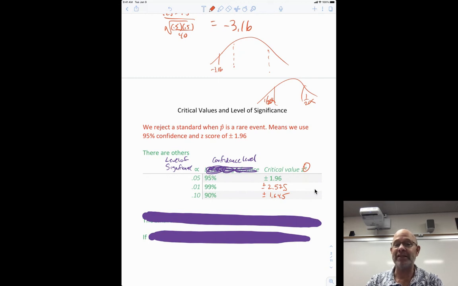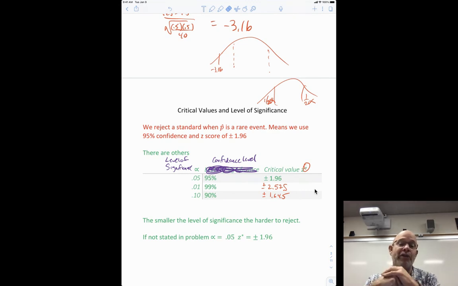If my test statistic is too far outside, then we would reject what we think to be true, and we'd say it's wrong. If it's inside, we would say, nah, there's no evidence that I'm wrong. Notice I didn't say I was right. It's just too close, so there's no evidence that I'm wrong. We could do other percents. Every once in a while, you might get a 4% or a 5% or a 6%. Then we could find those using inverse norm.